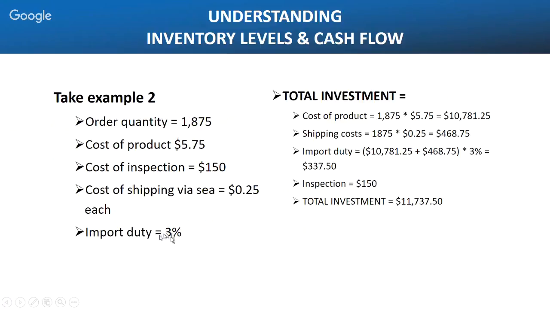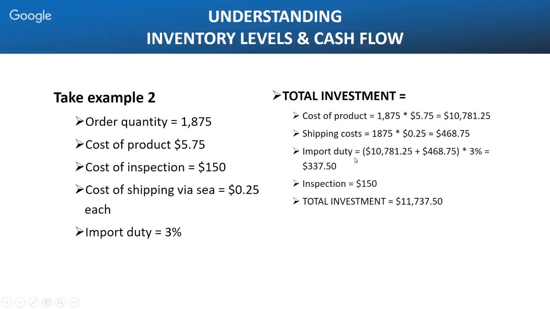Okay, but we've got our duty import to pay at 3%. That's, again, the assumption. It will vary depending on what product you're bringing in. So total investment required, cost of product, 1,875 times our product cost of 5.75 equals 10,781.25. Cost of shipping is 1,875 times our 25 cents, which is 465.75.